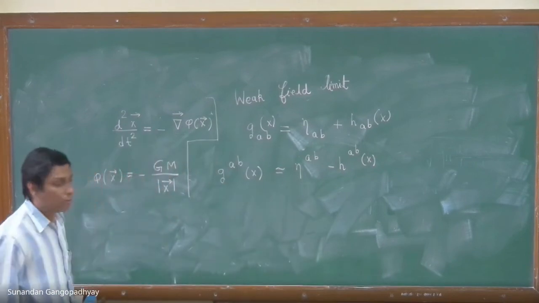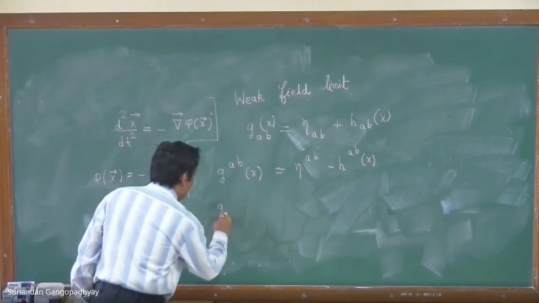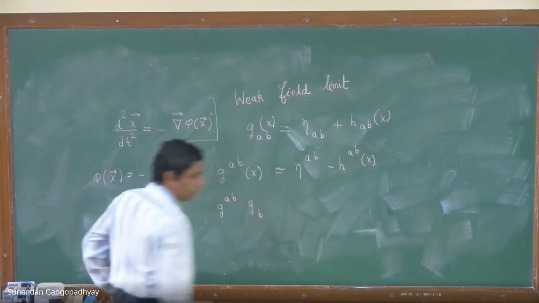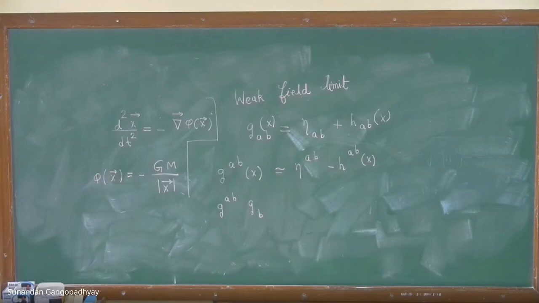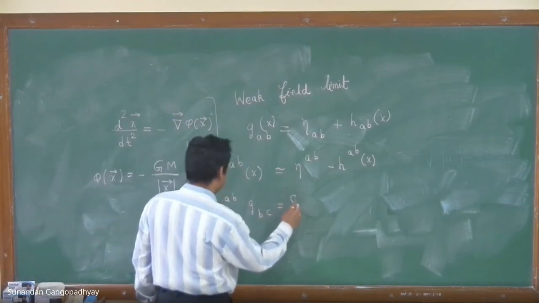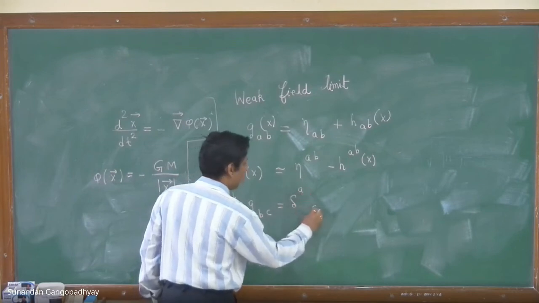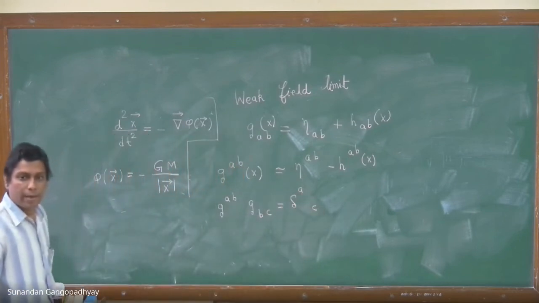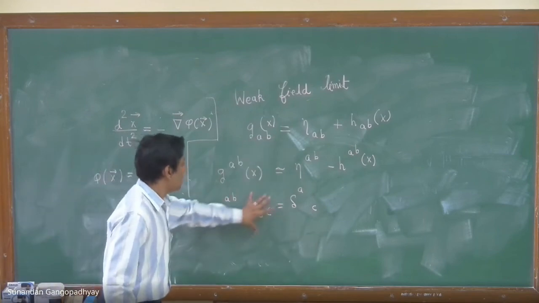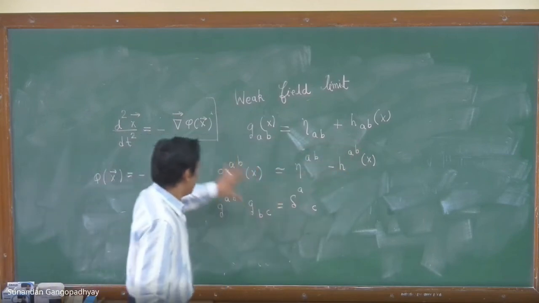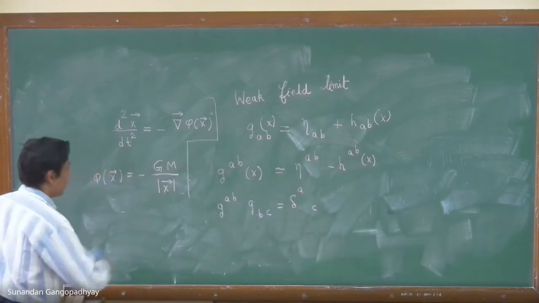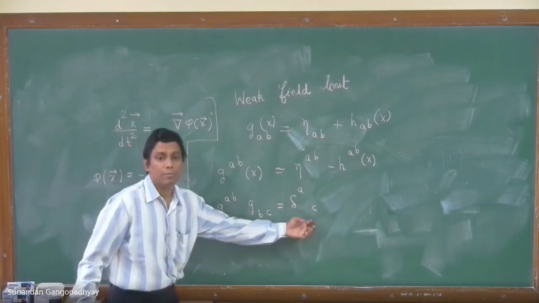Why is this true? Because g^ab g_bc should be equal to delta^a_c. Please check. Put g_bc to be equal to this and g^ab to be equal to this and check whether this is indeed true, because this must be true.